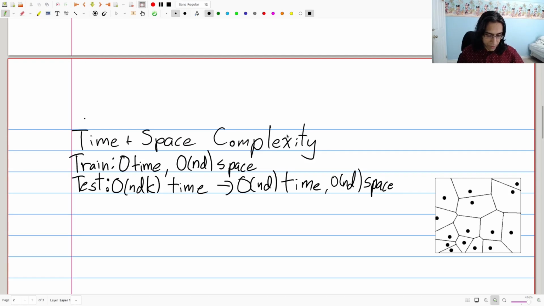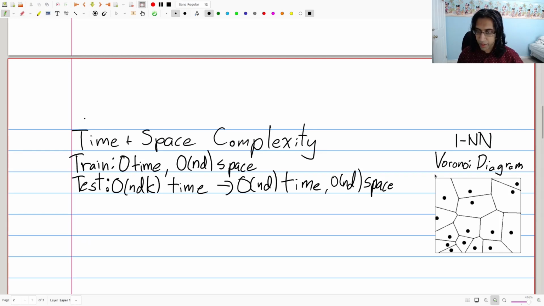Cool. Can you do better? The answer is yeah, sometimes you can do better. What I drew here is what's known as, well, I didn't draw this, I found this picture online, but this is what's known as a Voronoi diagram. You might have heard of this in, say, CS240, but this is a nice data structure you can pre-compute, which is useful for the specific problem of one nearest neighbor.